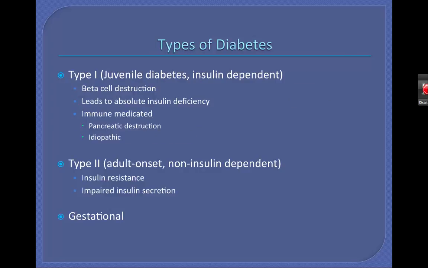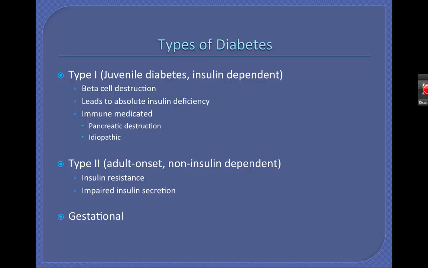There is type 1 diabetes, which is juvenile diabetes or insulin dependent, and this is caused by beta cell destruction, which leads to absolute insulin deficiency.